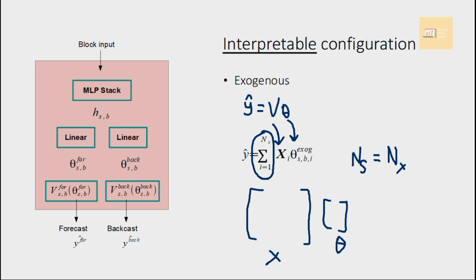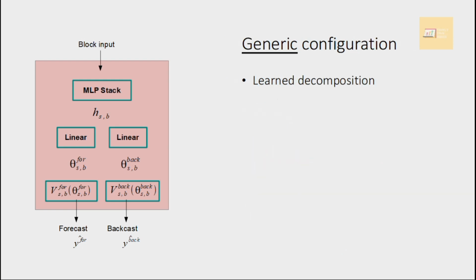Both the seasonality and exogenous stacks won't get the raw time series, but still we ask them to detect the seasonality and the effect of exogenous variables in their respective inputs. Yeah, with that being said, let's move on to the generic configuration.